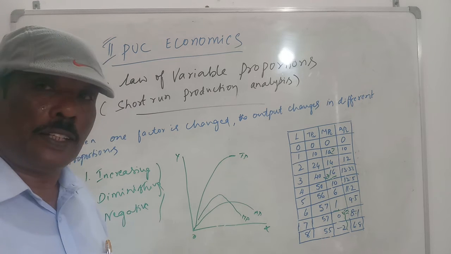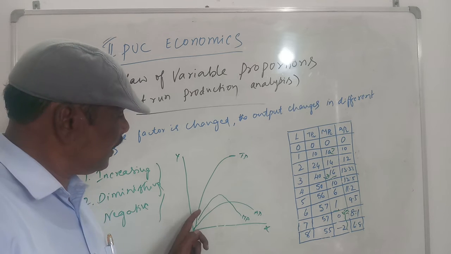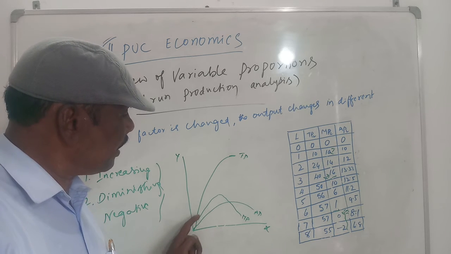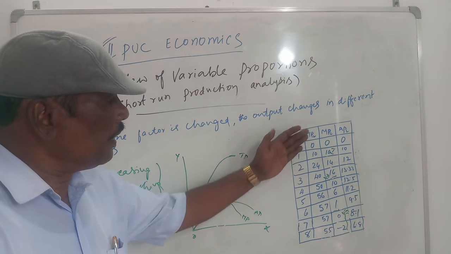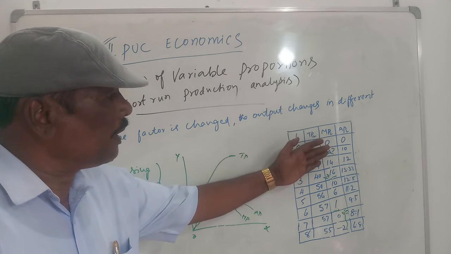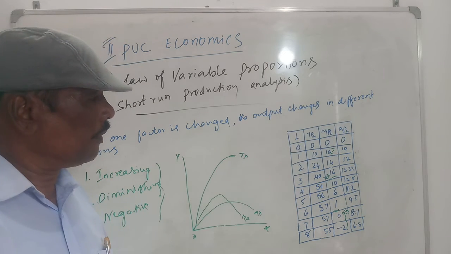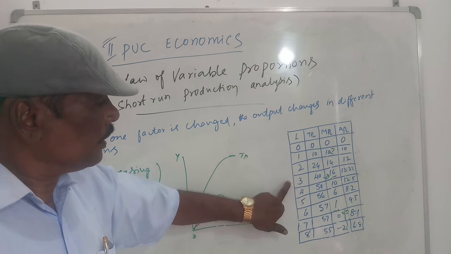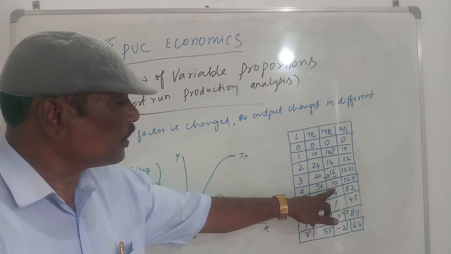MP starts falling. It cuts the AP curve from above. This is the AP curve. The MP curve cuts the AP curve from above. In the beginning, MP will be higher than AP, whereas after a point, after this third unit of factor, MP starts falling.